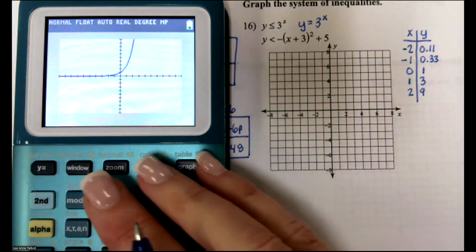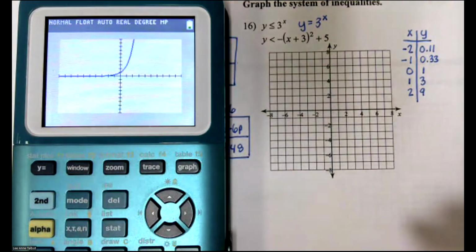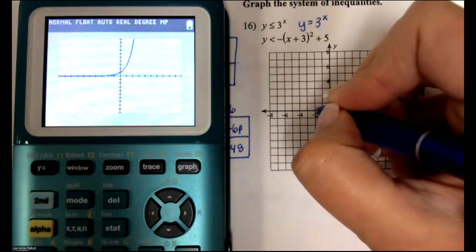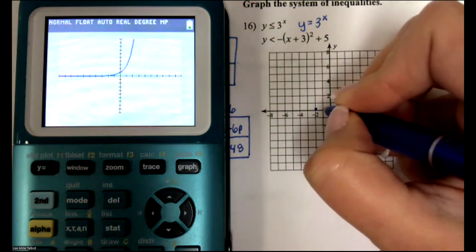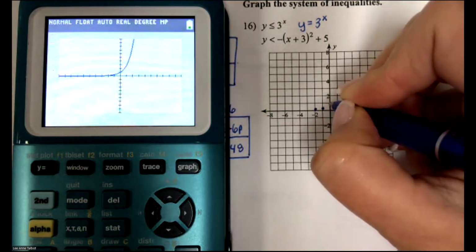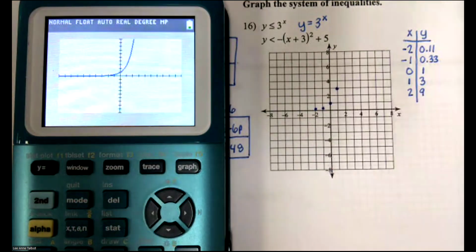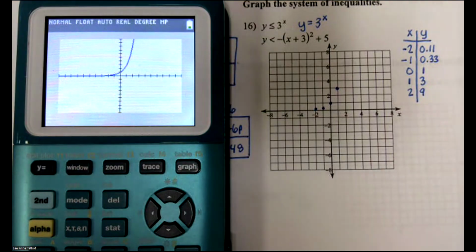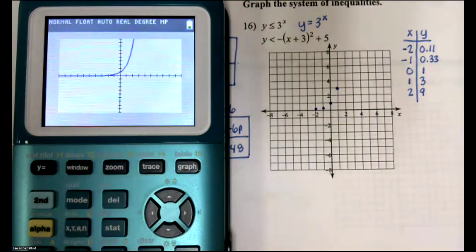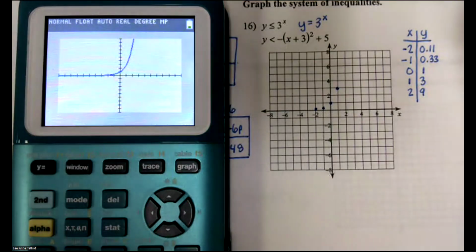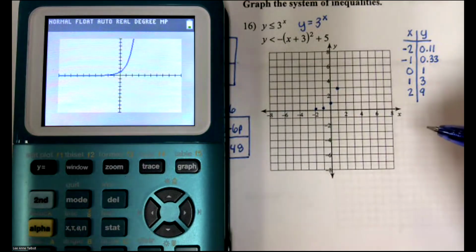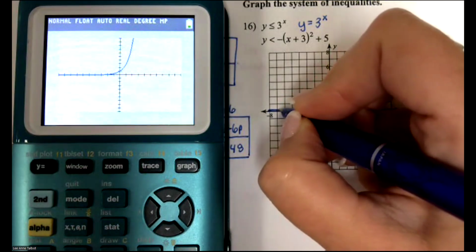Second graph. Okay. Dashed or solid? Solid.